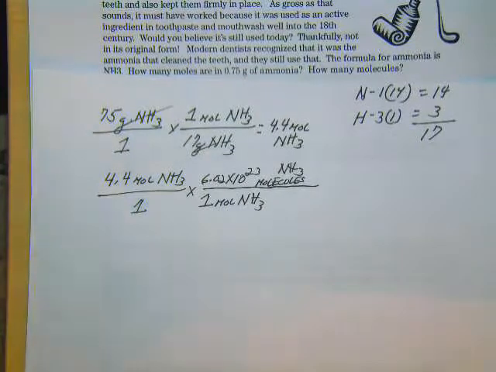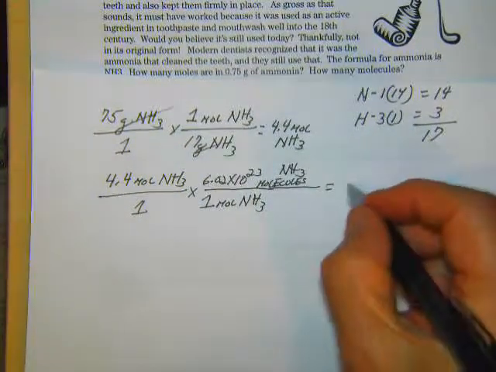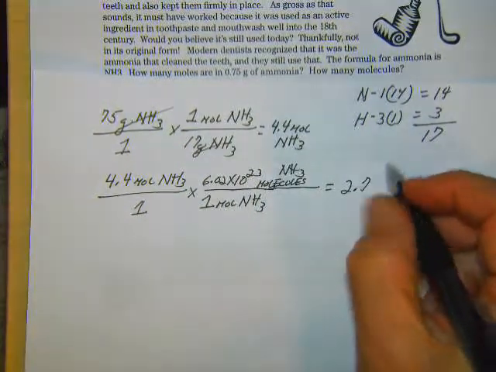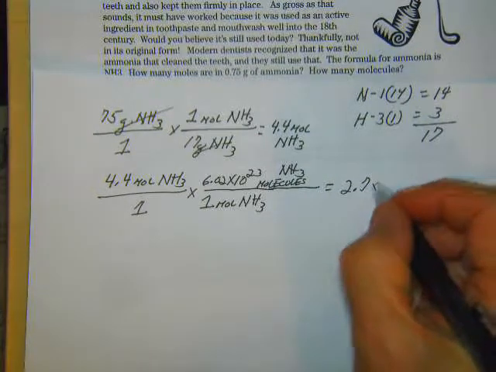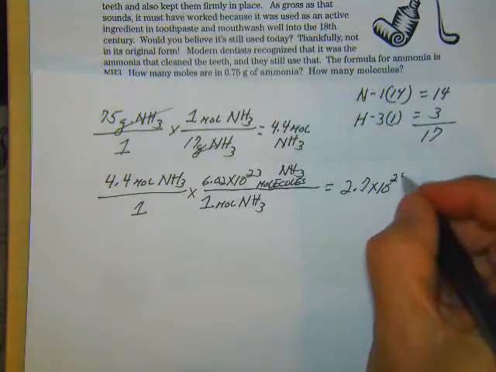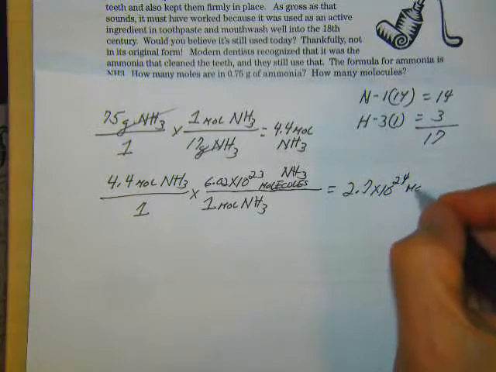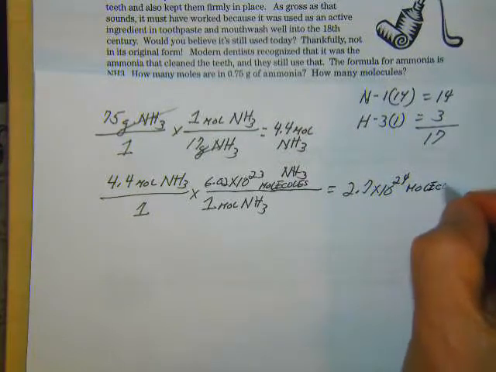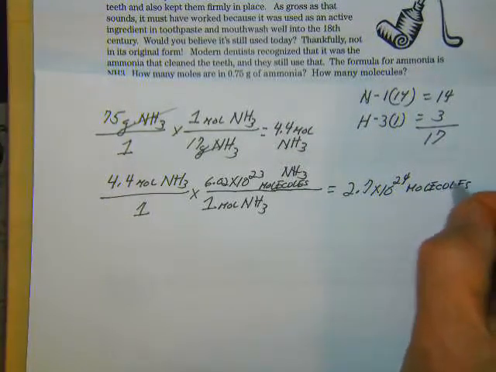So if we go ahead and do the math, we come out with 2.7 times 10 to the 24th molecules of NH3.